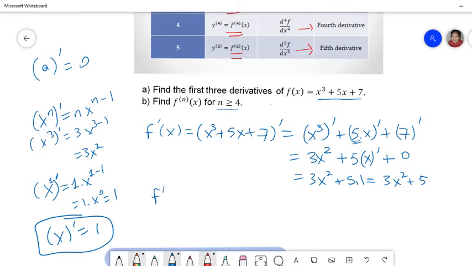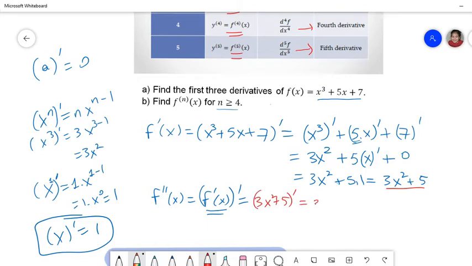Now, if you want to take the second derivative, it will be the derivative of the derivative. From the previous part, it is 3x squared plus 5. So take the derivative again.